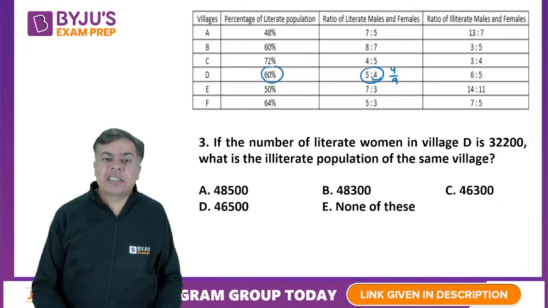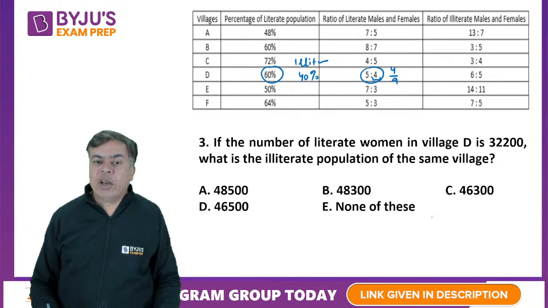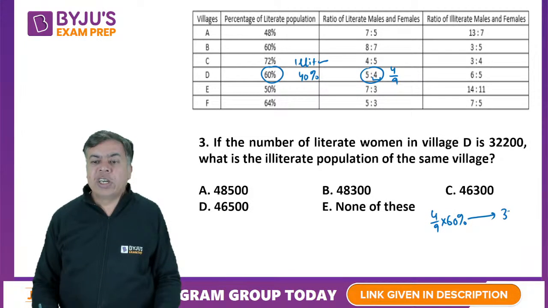And literate are 60%. So illiterates are 40%. So that means I know the value of 4 by 9 of 60% is equal to 32200. I want the value of 40%. So this is my question.